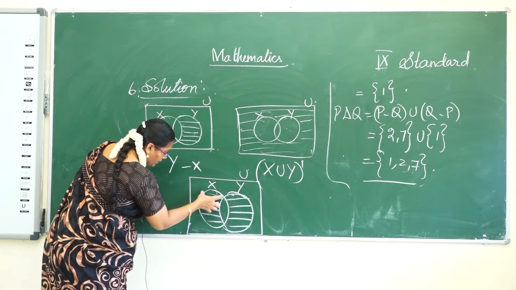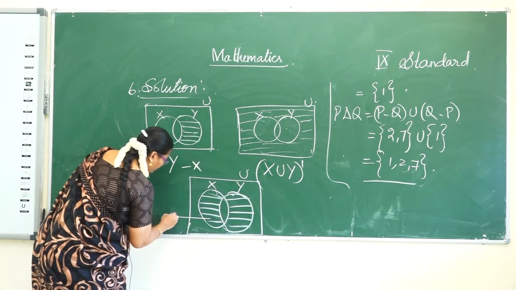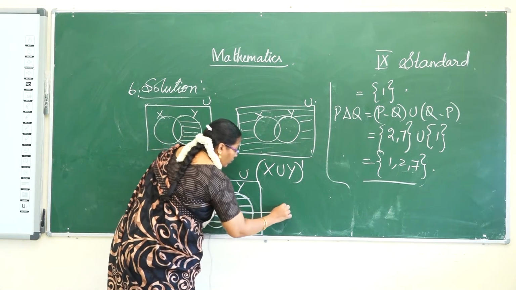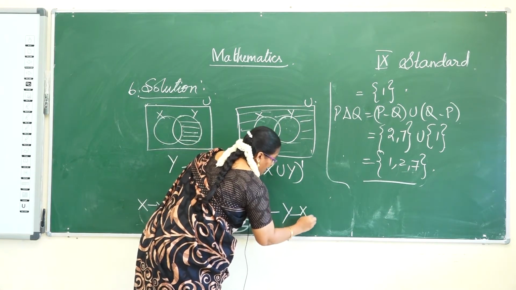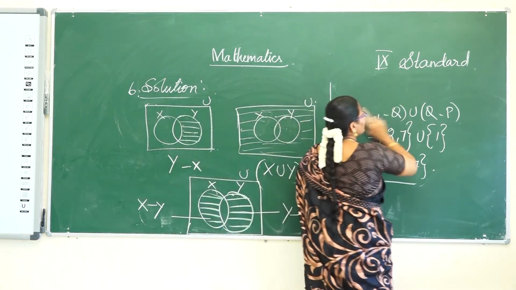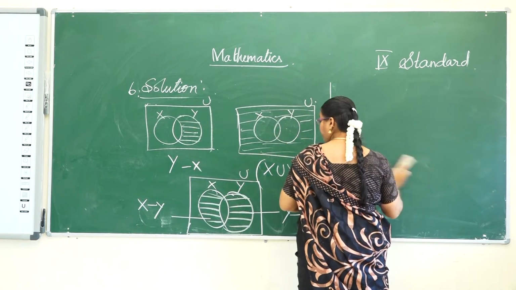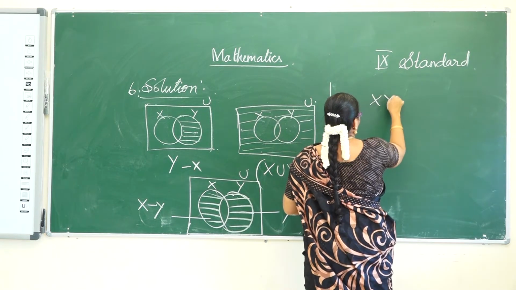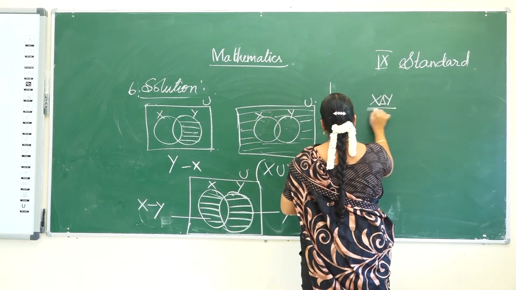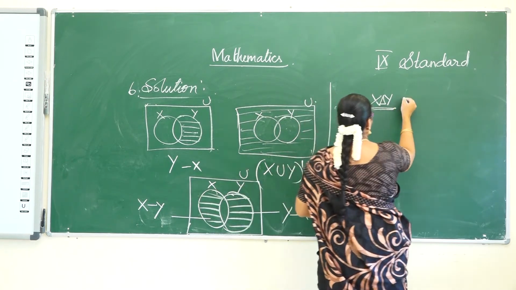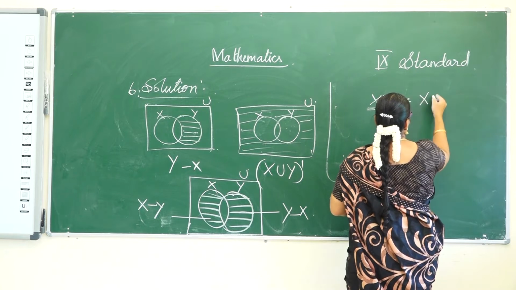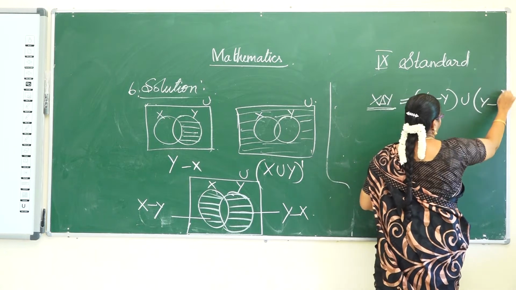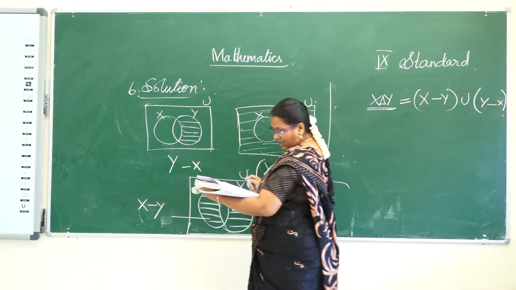Already you know well this shaded portion is denoted by X difference Y, and in this portion Y difference X. So you can express this Venn diagram by the symmetric difference of X and Y. The symmetric difference of X and Y is equal to X difference Y union Y difference X. That's all. Okay. And the seventh one.